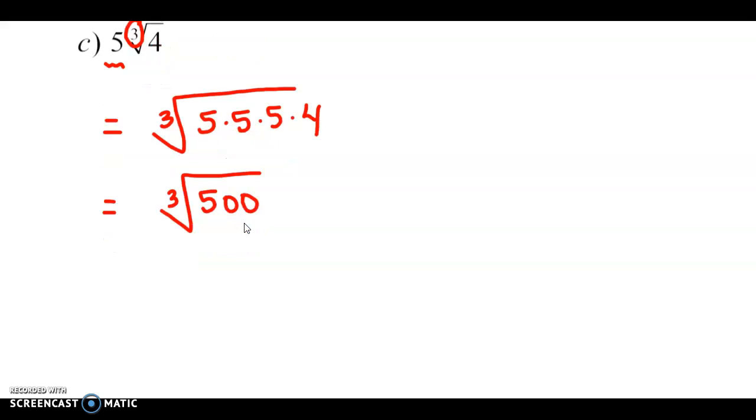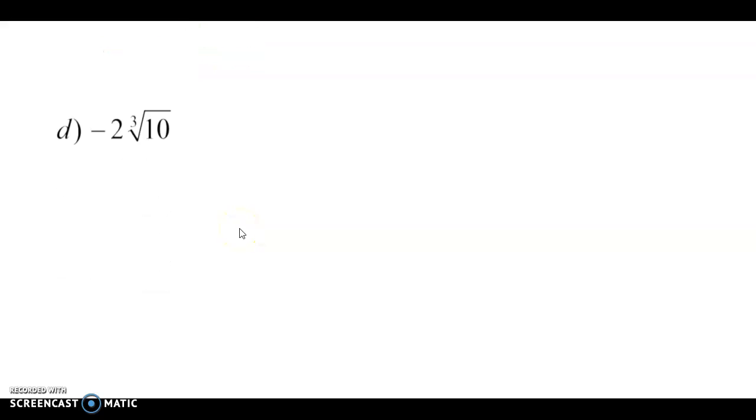One last example, D. -2 cube root of 10. Again, we have another example with a negative. This negative is not in brackets, so again, we can write this as -1 times 2 cube root 10.